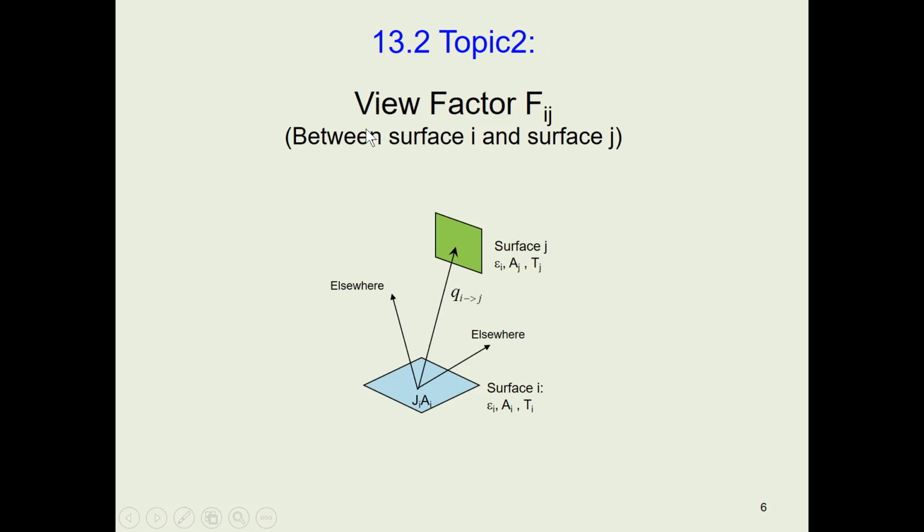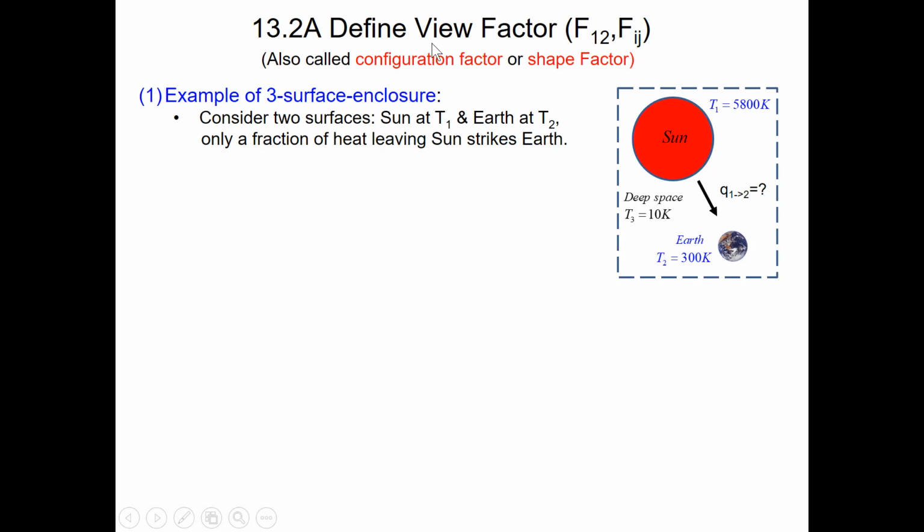Topic 2, view factor. A. Define view factor. First, let's look at an example of a 3-surface enclosure with surface 1 of the sun, surface 2 of the earth, and surface 3 of the deep space.